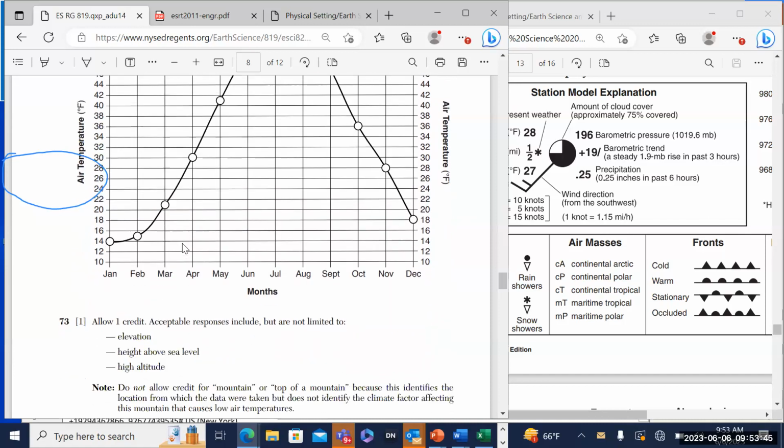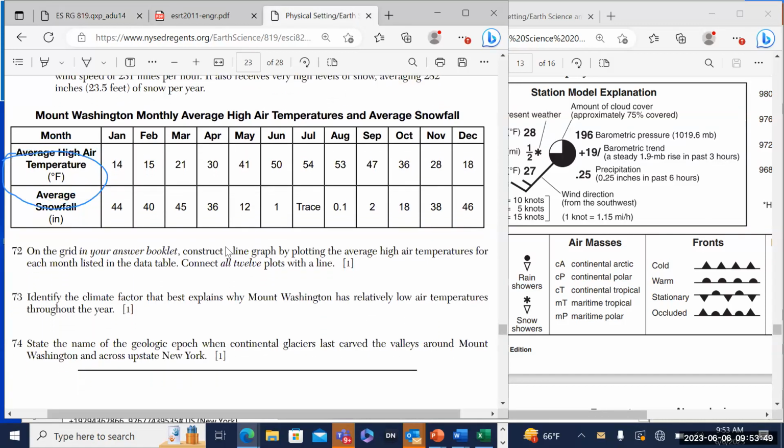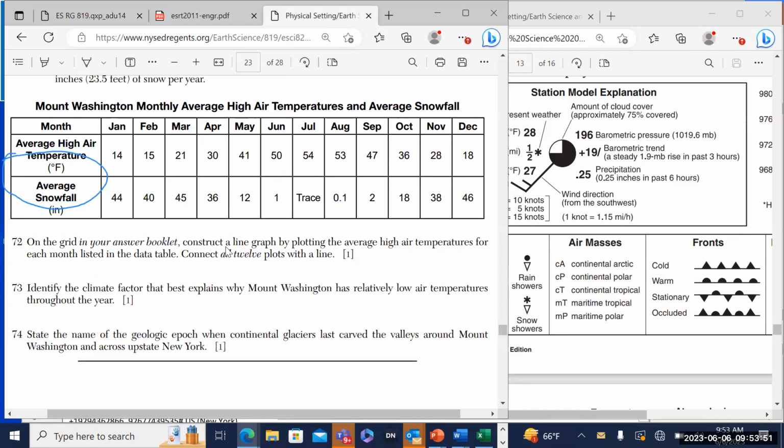Okay, number 73. Number 73 says, identify the climate factor that best explains why Mount Washington has relatively low air temperatures throughout the year. When we're saying low air temperatures, what are we talking about? Low air temperatures means that it is cold.